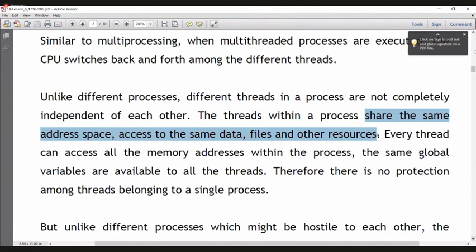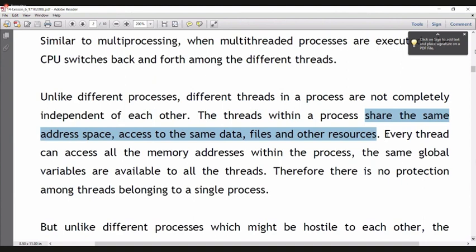Like the same files and other resources. You get the concept? If these are not clear, you can ask.